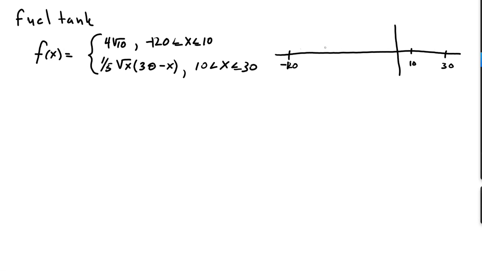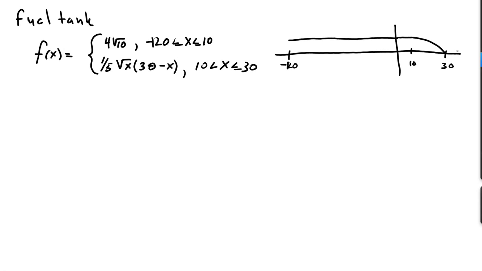This is just going to be a line that intersects the y-axis at 4 root 10, and it's going to go all the way up to 10. And then from 10 to 30, we've got basically this downward facing parabola that intersects at 30. So from there, we're going down like that.